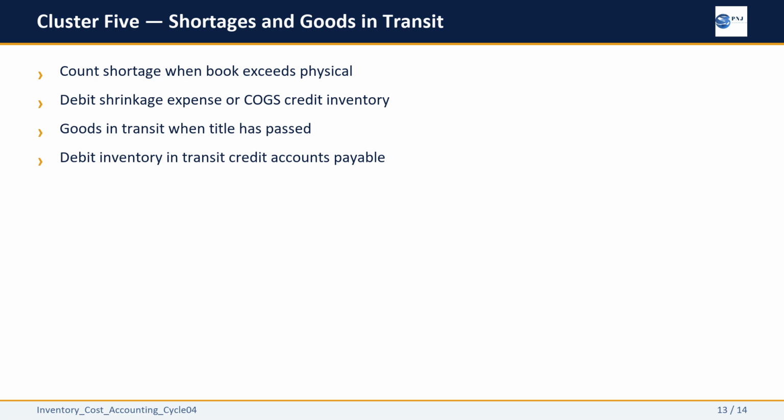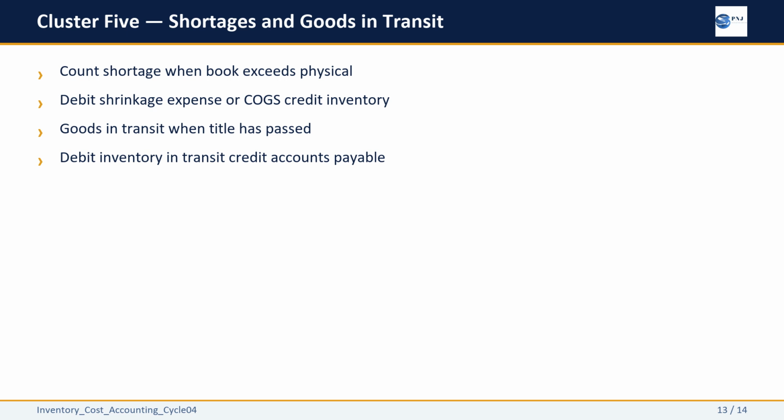Two final adjustments close the cycle. Entry 15 handles a physical count shortage, the case where your book quantity is greater than what you physically count. You debit inventory shrinkage expense or cost of goods sold and credit inventory, bringing the records back in line with reality.